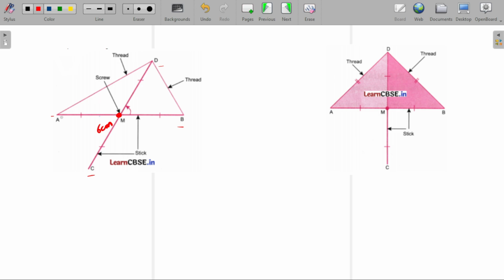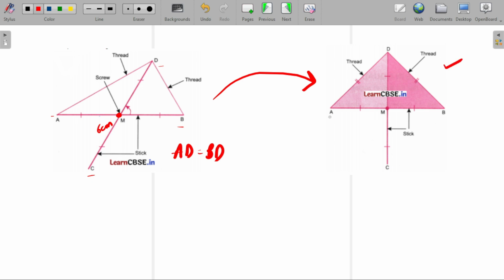Now use a thread. Measure the distance between AD and BD, and keep moving the sticks about the screw so that the distance AD equals BD. Your new position will be like this. You keep moving with the screw to get the sides AD and BD equal. You will get this diagram, right?